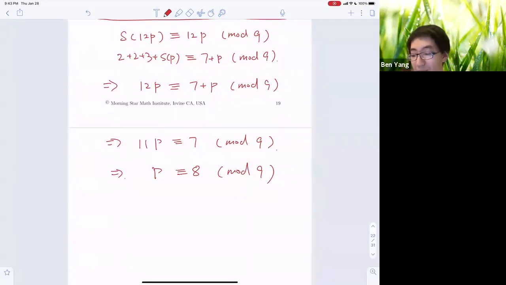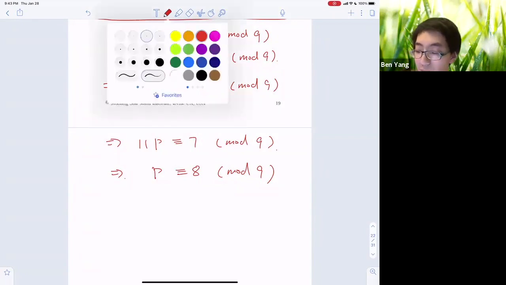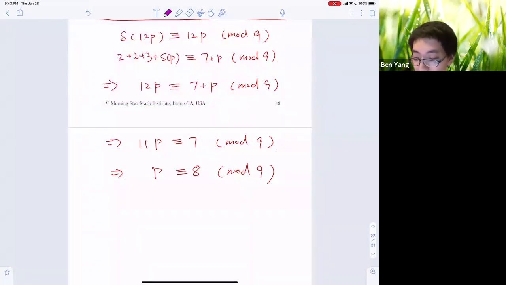Okay, now we need to find all of the prime numbers under 100 that are congruent to 8 mod 9. The easiest way is to list out all of the numbers under 100 that are congruent to 8 mod 9. We start with 8, but of course 8 is even, it's not a prime. So we can start with 17.